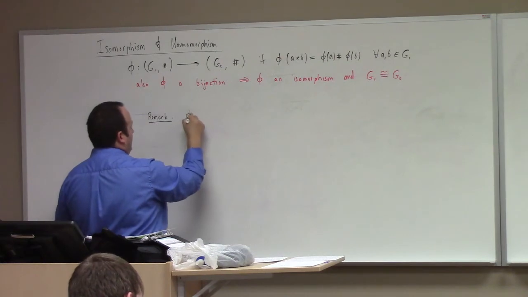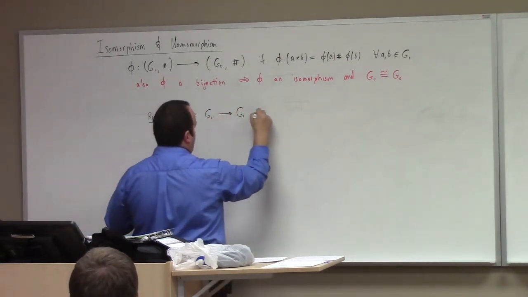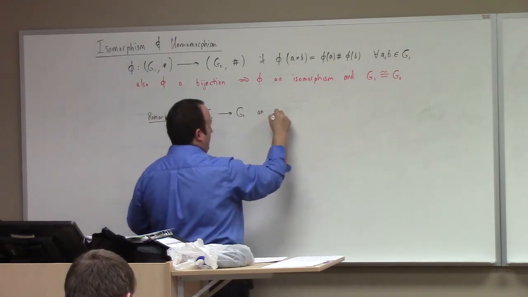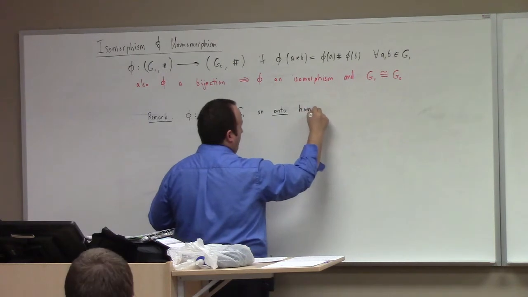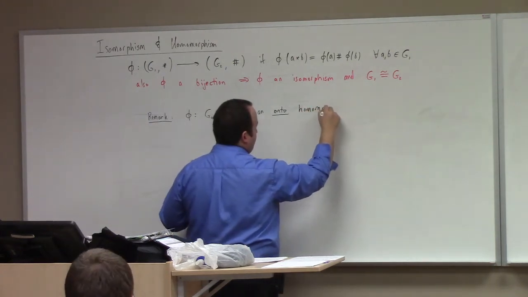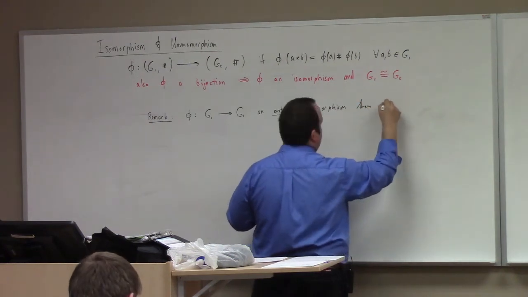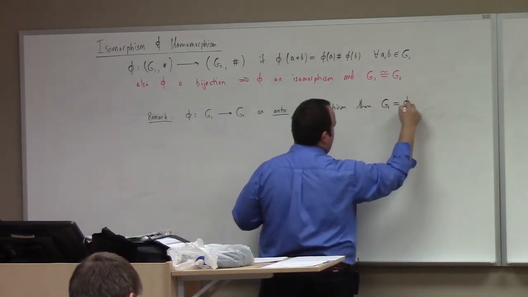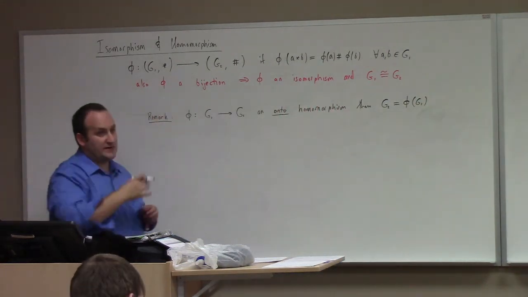So if you have phi from G1 to G2 an onto map, an onto homomorphism, then you could say that G2, which by the way would be equal to phi of G1, is homomorphic to G1.